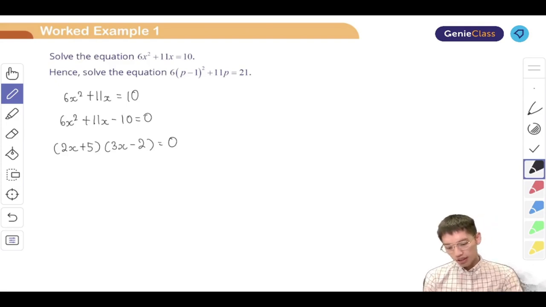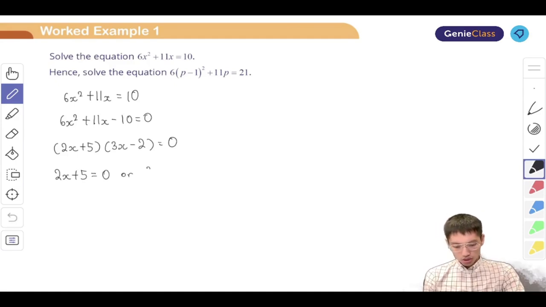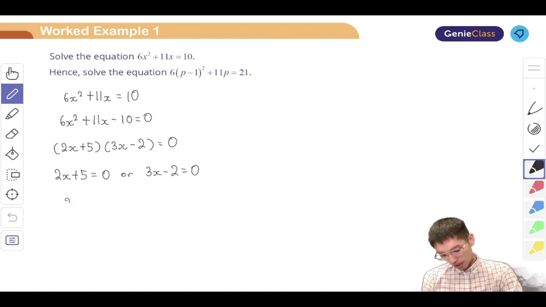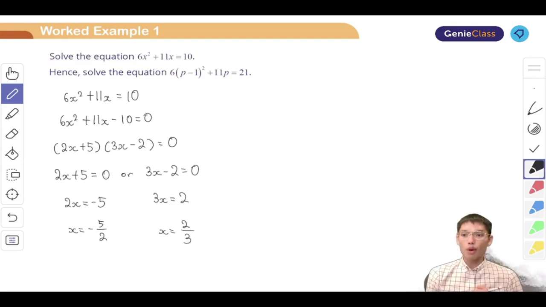Right, then from here, when this is equal to 0, I'm going to have 2x plus 5 equals to 0, or 3x minus 2 equals to 0. This is the zero product principle. When the product is 0, either of them is 0. Then from there, we can solve: 2x equals to minus 5, x is equal to minus 5 over 2, or the other one, 3x is equal to 2, x is equal to 2 over 3. That is what we have.